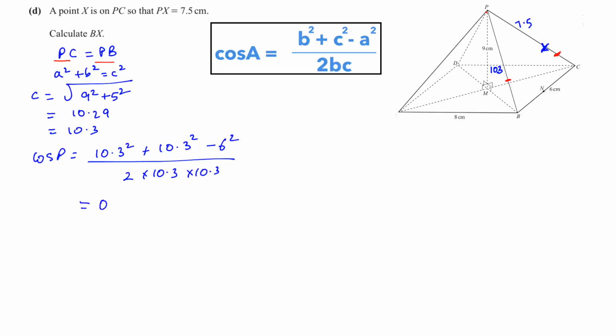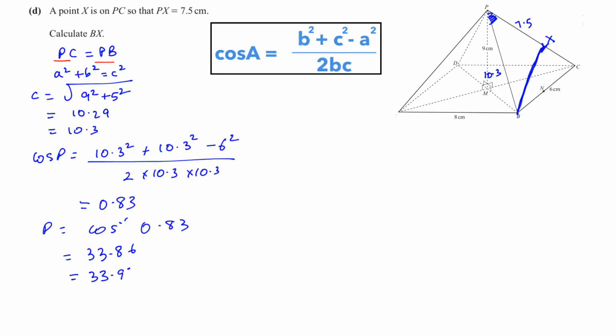And we will get 0.83. Therefore, P is equal to cos inverse 0.83, giving us 33.86. Rounded to one decimal place, 33.9 degrees. Now that we know that this angle is 33.9 and we want to find BX, we'll use the same cos rule but rearrange it to make a the subject.